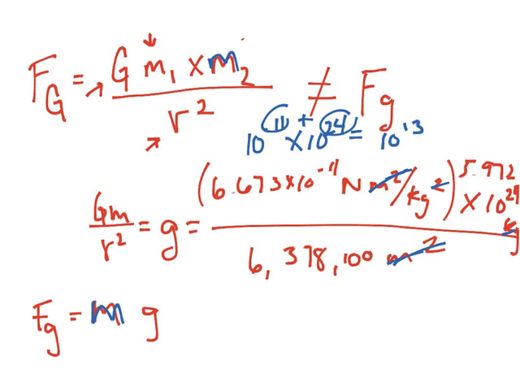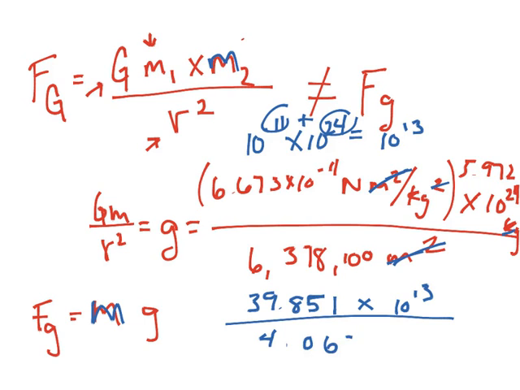So if we do the top multiplication, we get 39.851 times 10 to the 13th over, and if you square that number, you get 4.068 times 10 to the 13th. Well, would you look at that? Those things cancel out. And then we just have to divide 39 by 4.06.